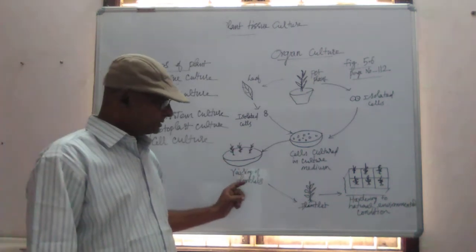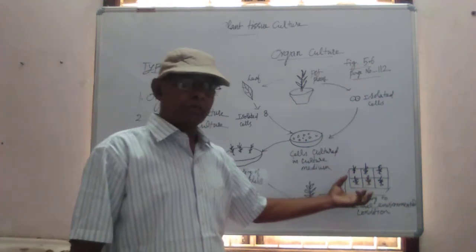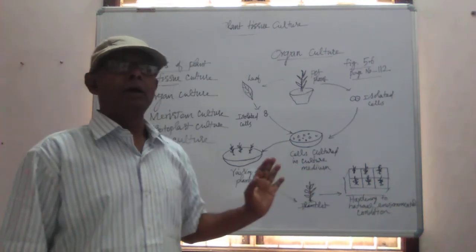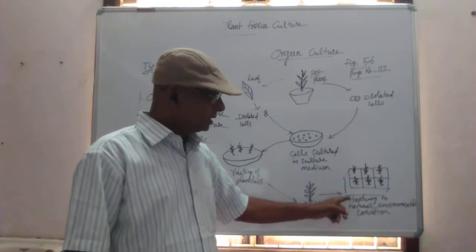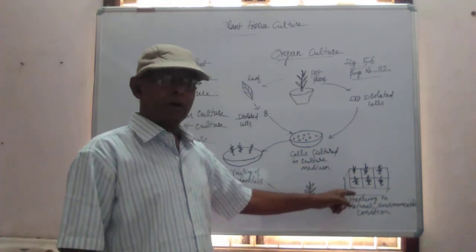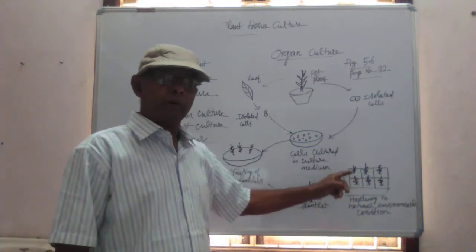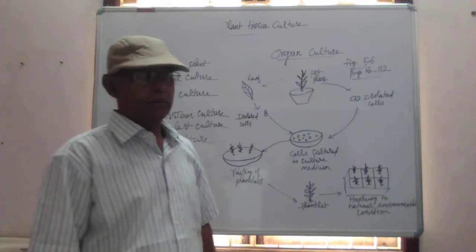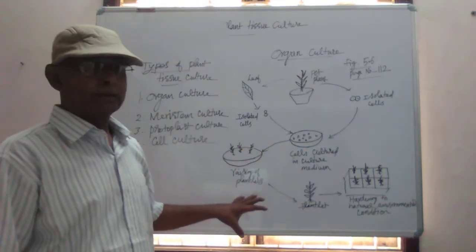These plantlets are to grow in the natural environmental condition. Before that, we have to give stepwise exposure to the natural environmental condition. That is the hardening. After hardening, each plantlet will grow in the natural environmental field, and that is the process of organ culture.